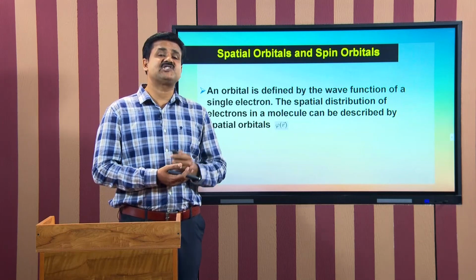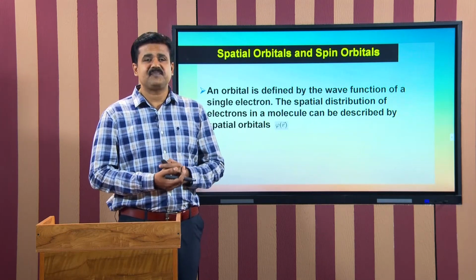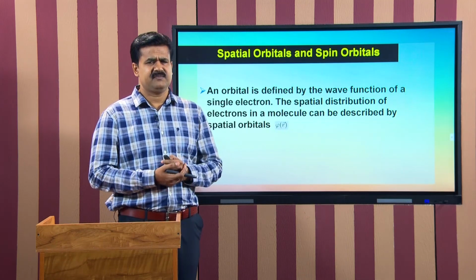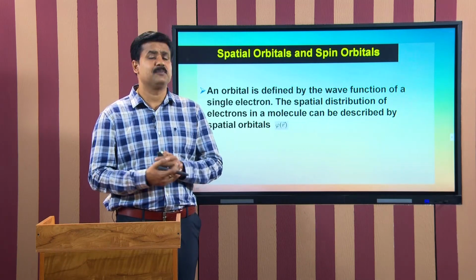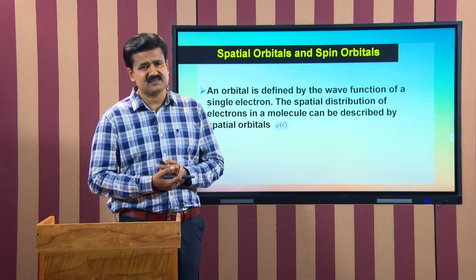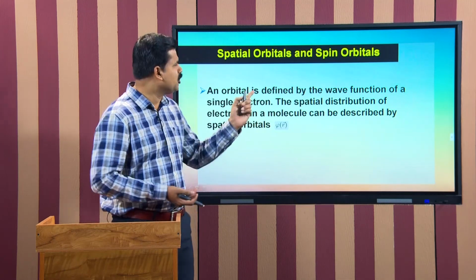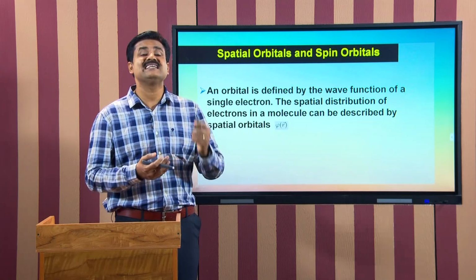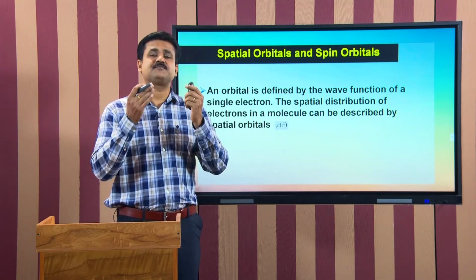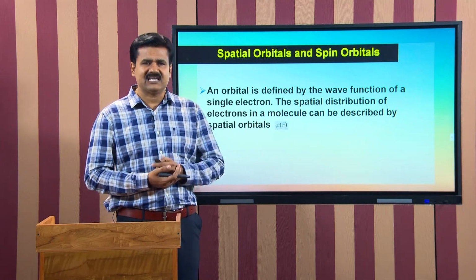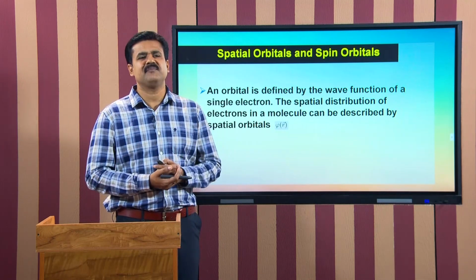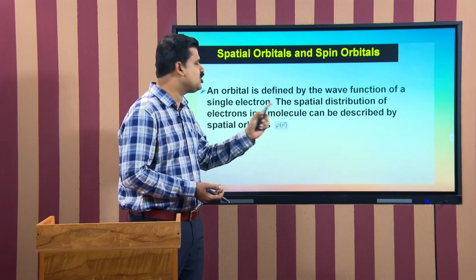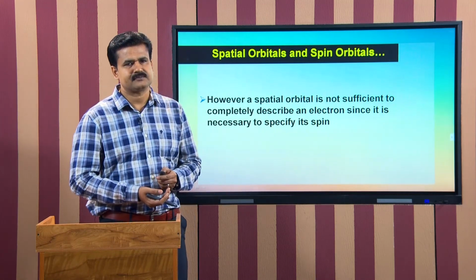Now, spatial orbitals and spin orbitals. We know an orbital is the region of space where the probability of finding an electron is maximum, or an orbital is defined by the wave function of a single electron. The spatial distribution of electrons in a molecule can be described by the spatial orbital psi of r vector.